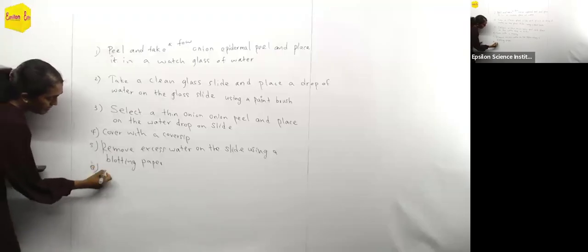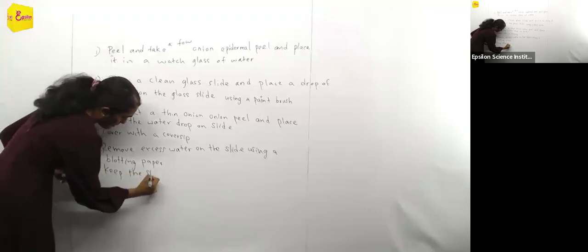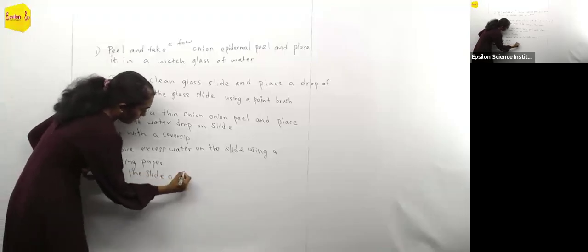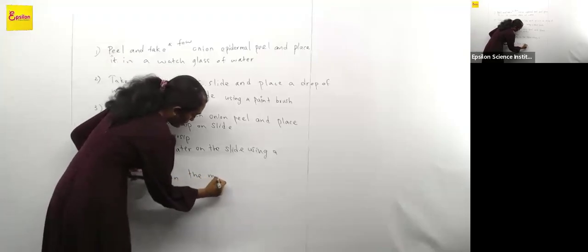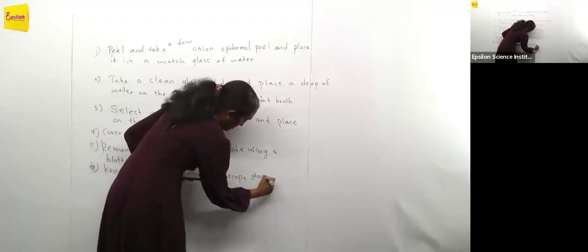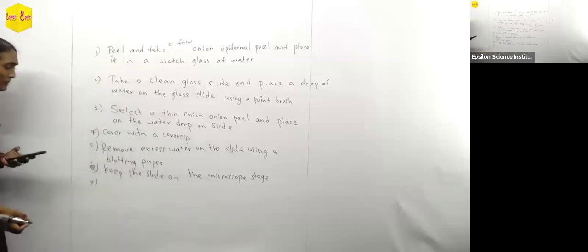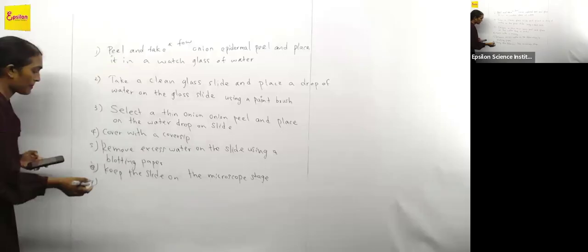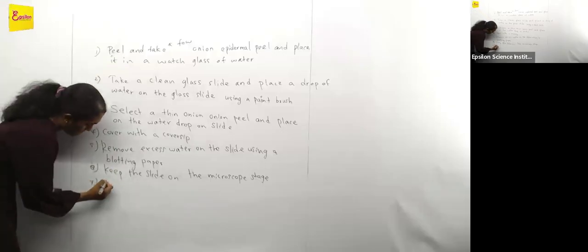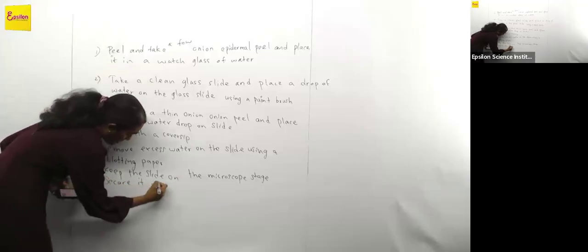Number six, keep the slide on the microscope stage. Then number seven, secure it with stage clips.